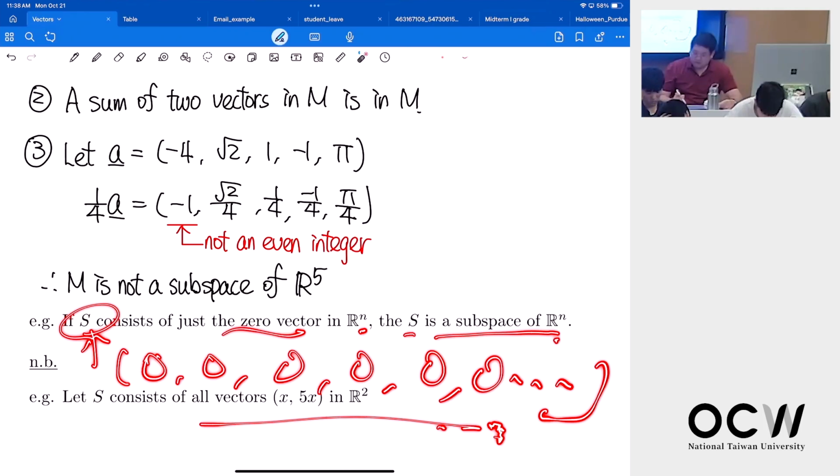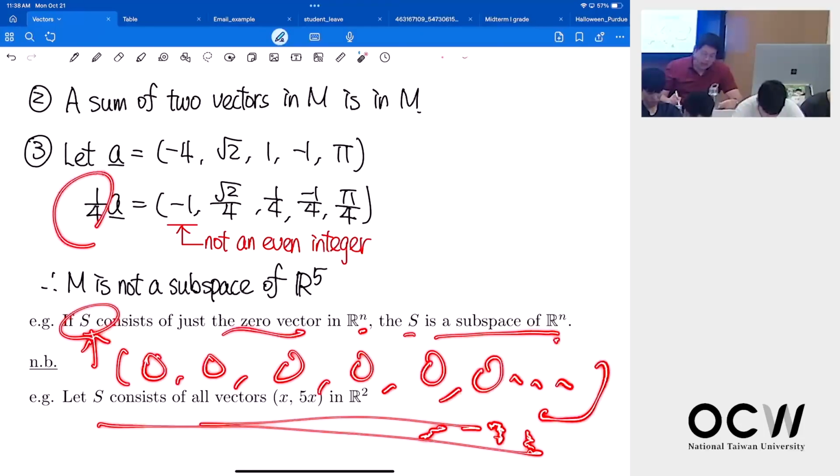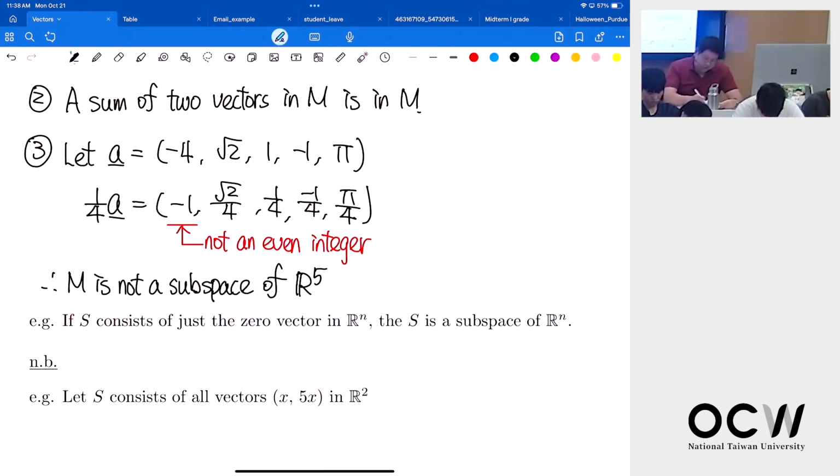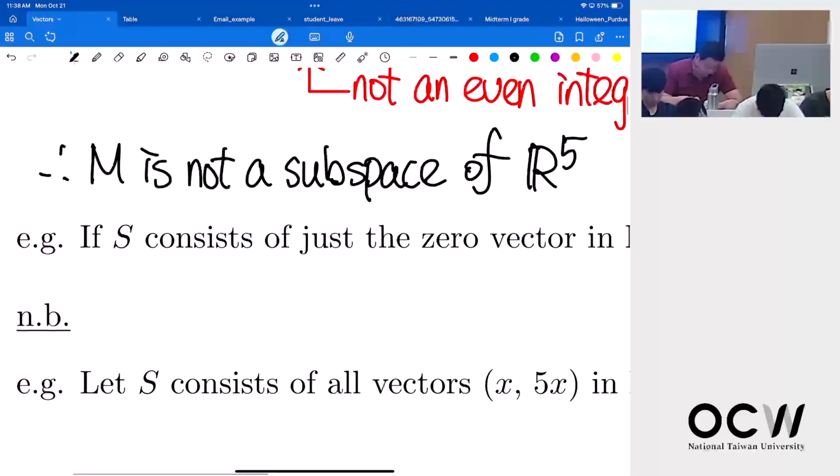Yes, this is the zero vector. And the sum of two vectors should also be in S. I only have this vector. So zero vector plus zero vector is still a zero vector. And any scalar times a zero vector is still a zero vector. So it is true, and this is just a trivial subspace.